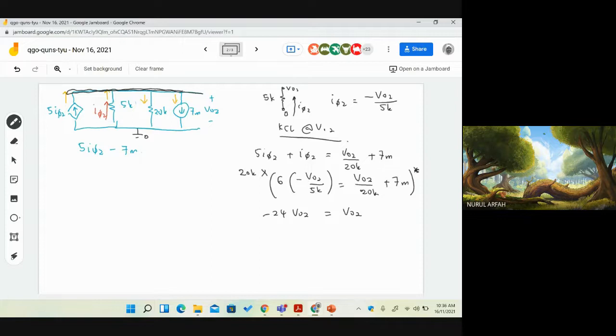So plus 140. And then this is plus, so this is 25. 25 V02 equal to negative 140, or V02 is negative 140 divided by 25. Okay, macam ni.